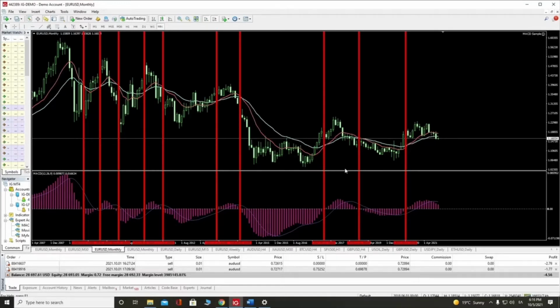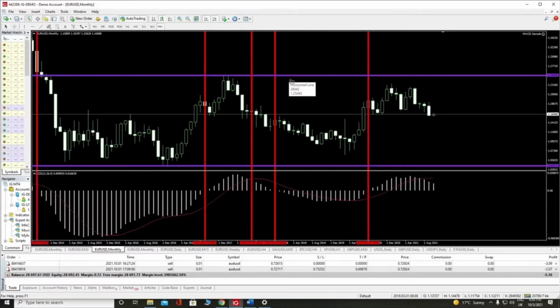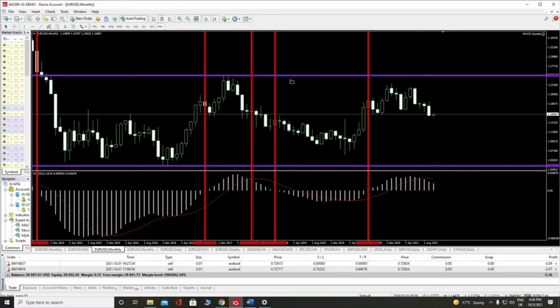The major thing that I need you to understand is that MACD is a moving average of a moving average of a moving average. The basic and most important element of this indicator is the difference between these two EMAs, the 26 and the 12. Now, there are many questions regarding this indicator.